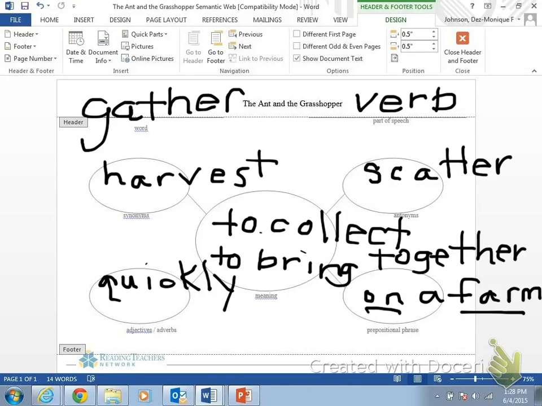I also know that because it's a verb, there are certain ways that people or animals might do this verb, this gather. It might be quickly, swiftly, slowly. And I know that there are locations where gathering can take place: on a farm, in a house, on a ranch, in a field, by the lake.